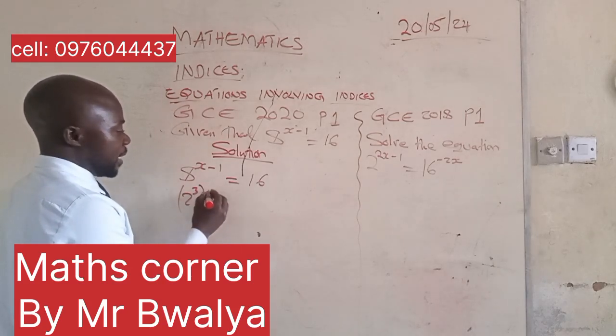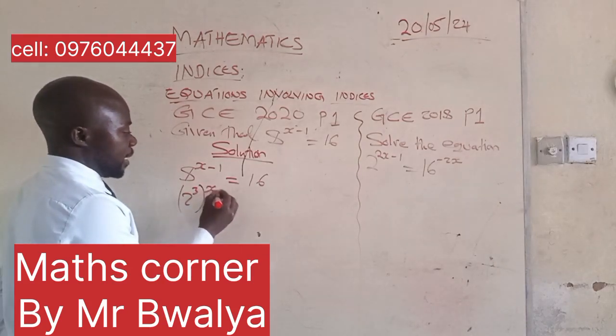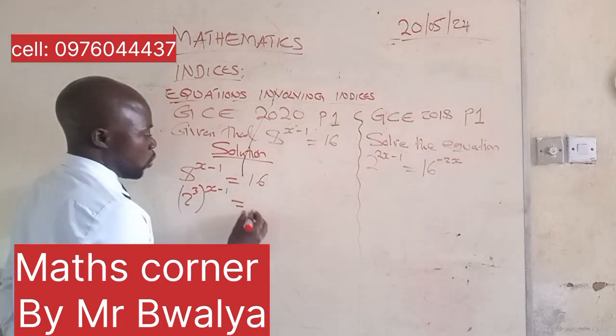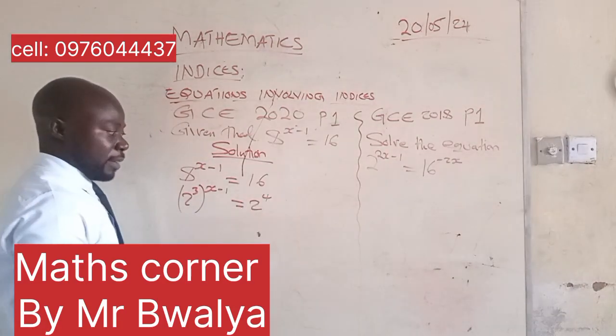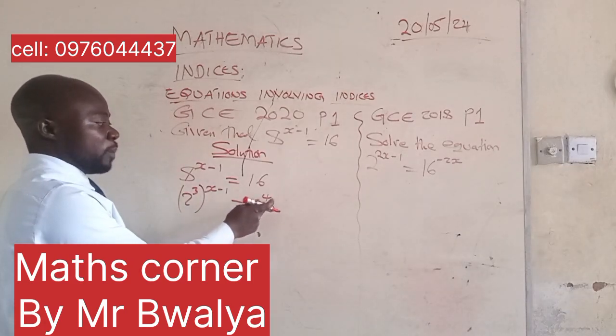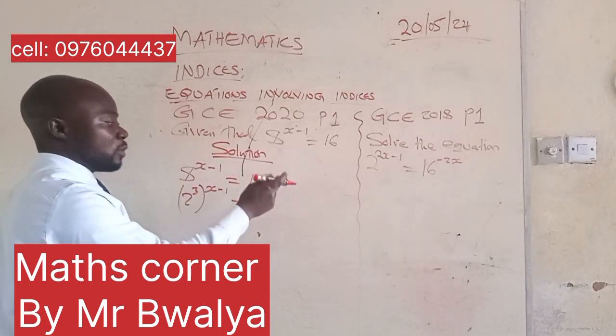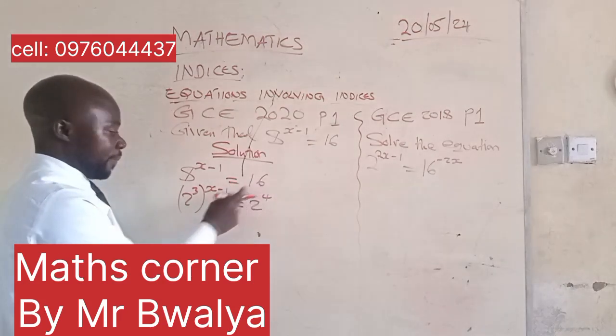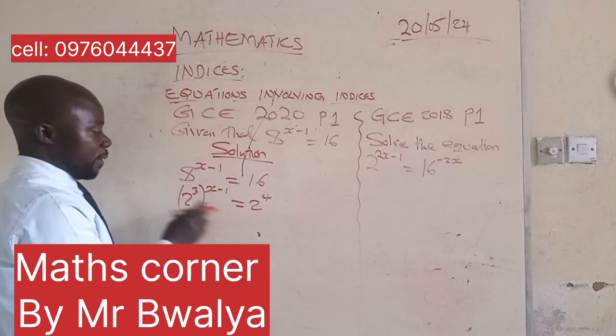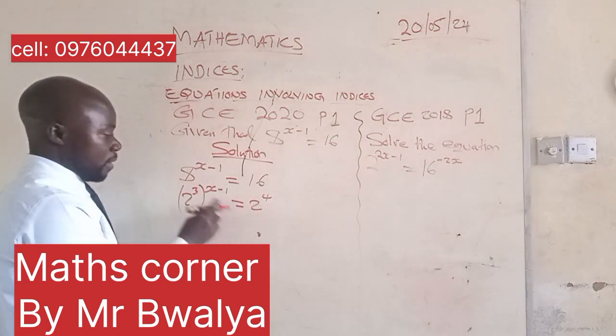We close the brackets there, we open, we say x minus 1 is equal to 2 to the power 4. Are we together? Because if you multiply 2 times 2 times 2 times 2, it will give us what? 16.